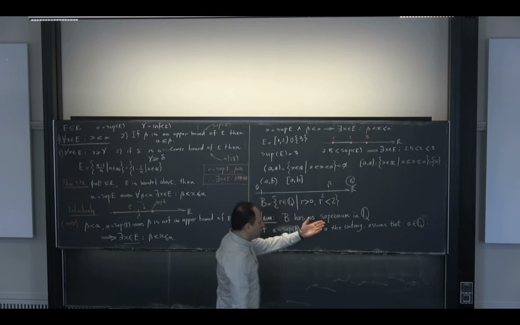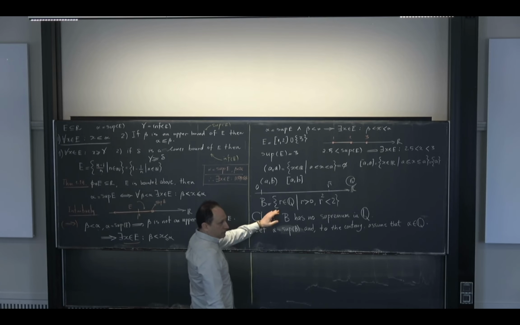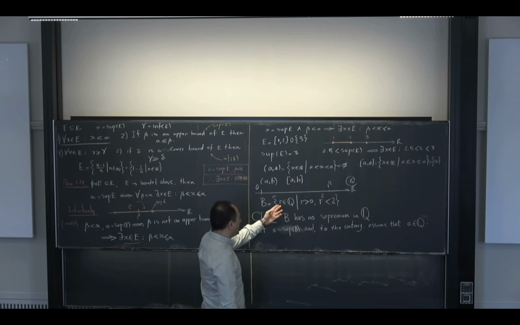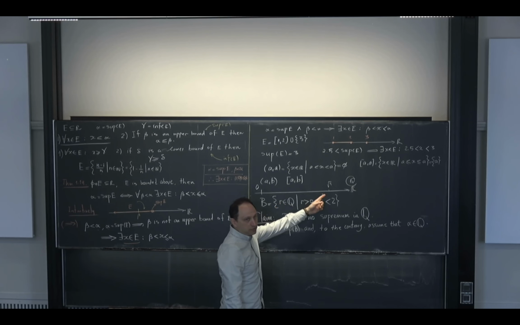First of all, do you agree that alpha should be positive? Why? Because all numbers in there are positive. For example, 1 is there: 1 is in Q, 1 is positive, and 1 squared is less than 2.